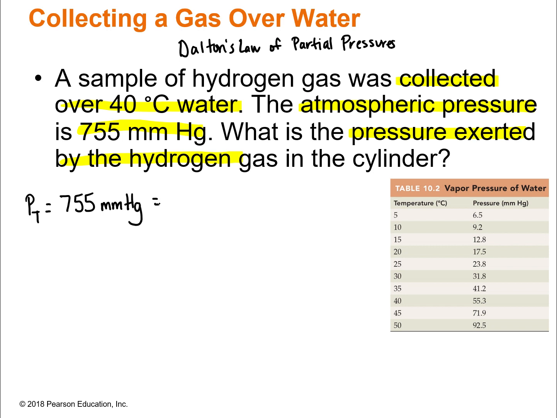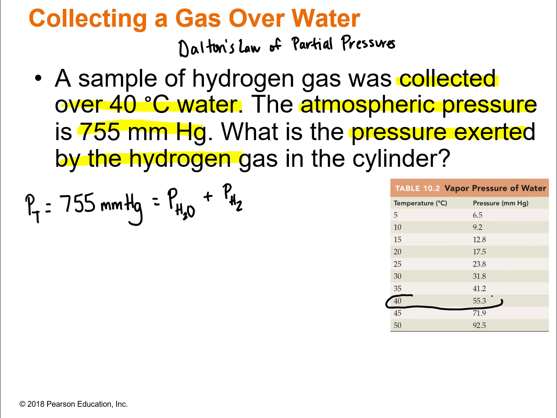And because of Dalton's law of partial pressures, we know that the total pressure has to be equal to the water vapor plus the pressure from the hydrogen. We can look up the partial pressure from the water. 40 degrees.